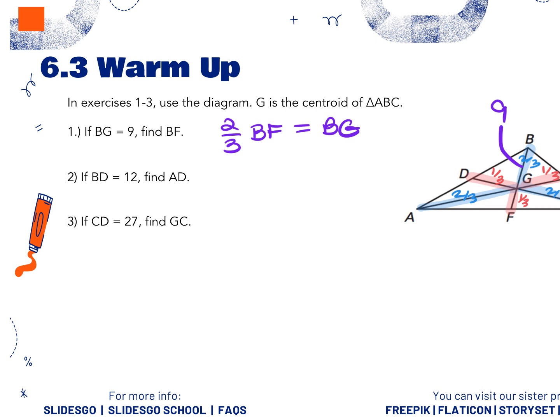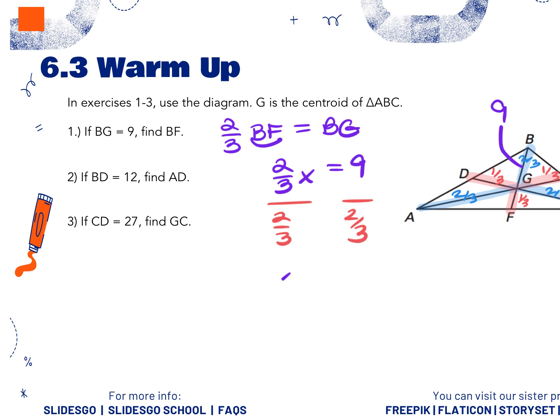I'm going to just put an X here for BF so it's easier to see. So 2/3 of X is equal to 9. And now I need to solve for X.